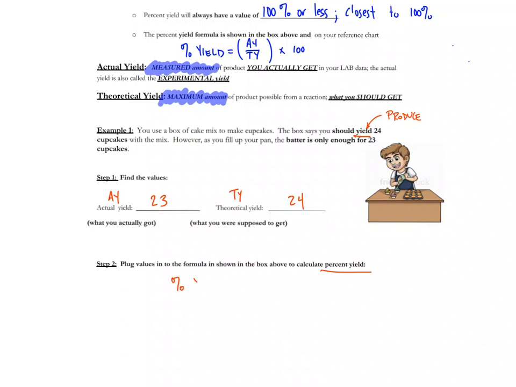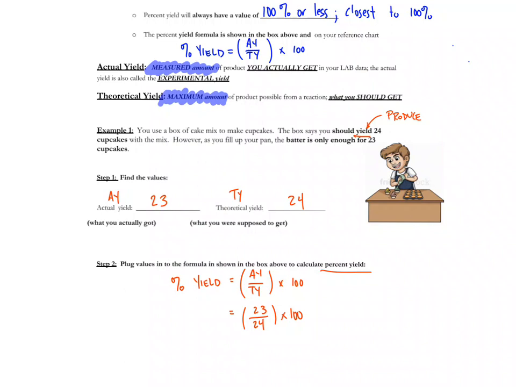So percent yield, like written up above, is the actual yield divided by the theoretical yield, and lastly converted to a percent. So the actual yield was 23, the theoretical yield was 24, and then multiplied by 100.